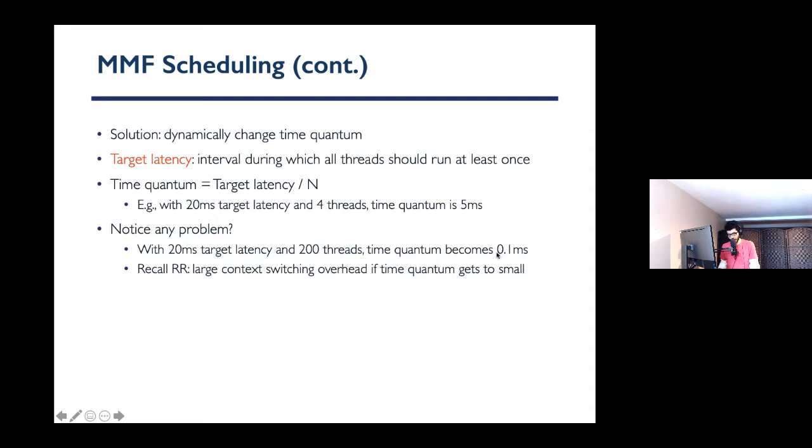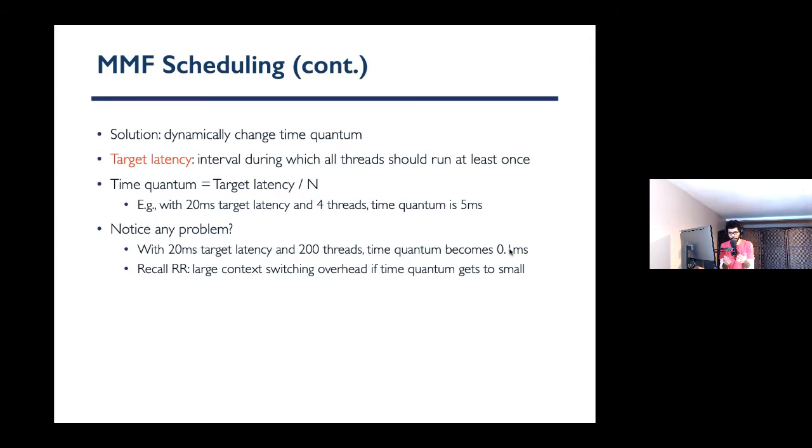Now, this should sound alarms in your mind. Why? Because this is very close to the context switching overhead. The context switching overhead, if you remember, was very close to this number. And now your time quantum is very close to your overhead.